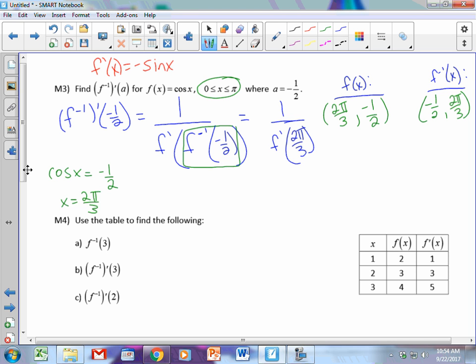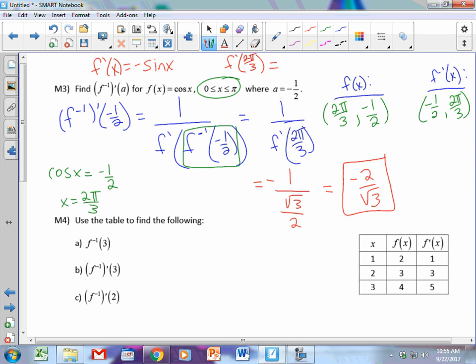So we need to find f prime of 2 pi thirds. Sine of 2 pi thirds is positive root 3 over 2, but there's a negative on the outside. So we would get 1 divided by negative root 3 over 2. That's just asking for the reciprocal, so negative 2 divided by root 3 should be the answer.